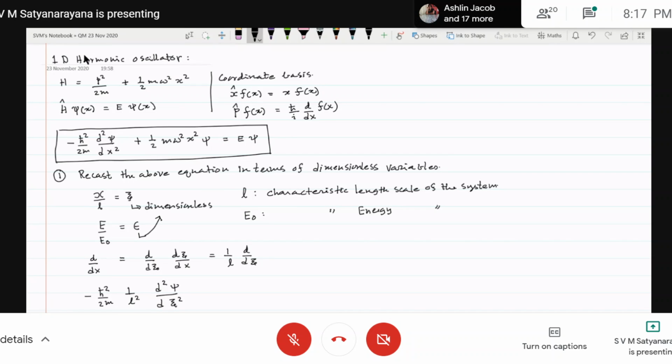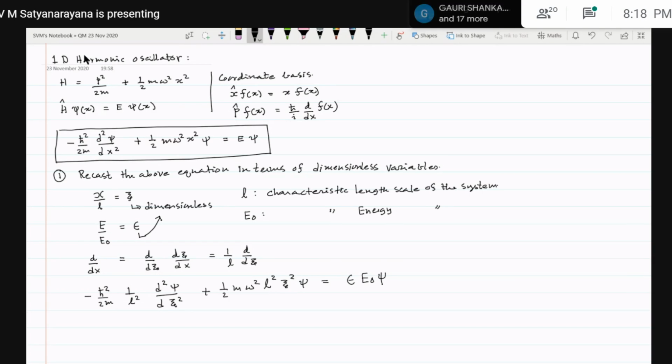Now psi will be a function of xi, plus half m omega square x square, which I will write as L square xi square, into psi is equal to epsilon E naught into psi. So this is the equation in terms of this variable. Now we have to simplify this equation.